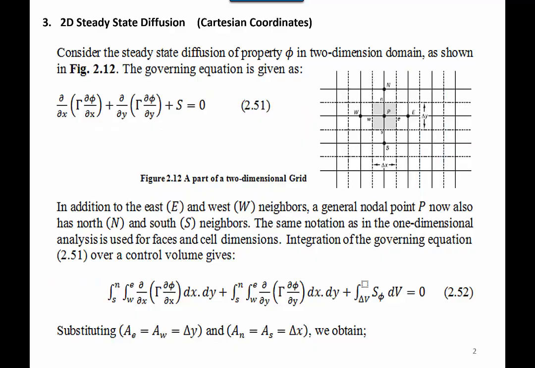So let's begin this part of the lecture. As we said, we will study the 2-dimensional case of steady-state diffusion for Cartesian coordinates. As we see here in figure 2.12, a 2-dimensional domain of any engineering problem is divided with a number of control volumes in this direction called nx, and a number of control volumes in the vertical direction, which is ny.